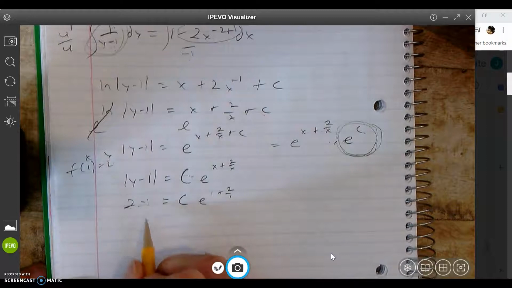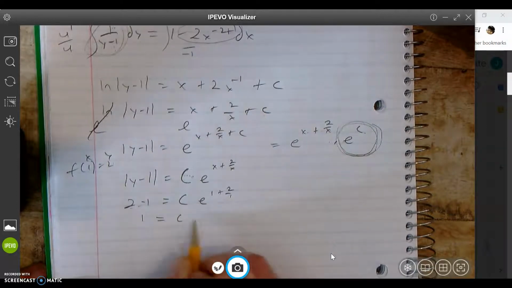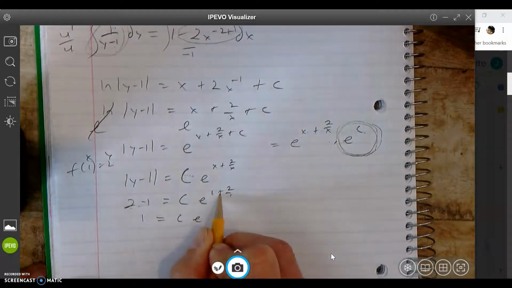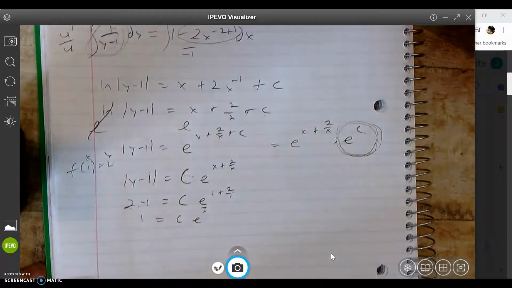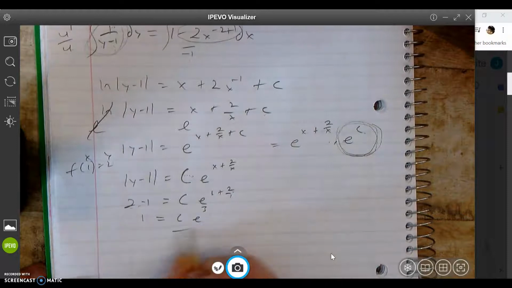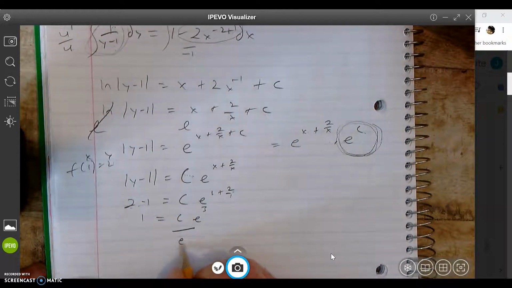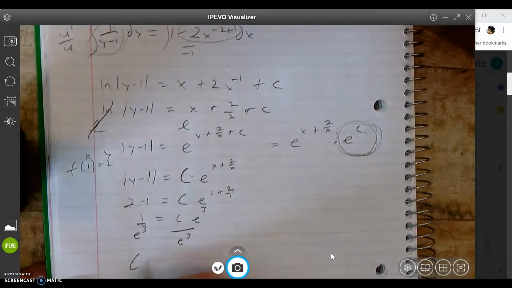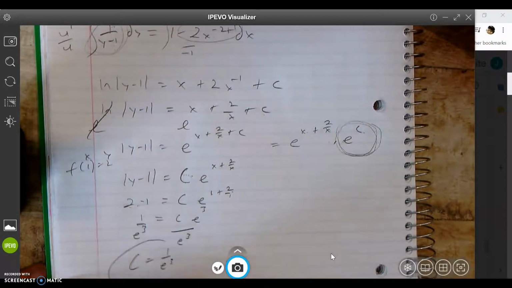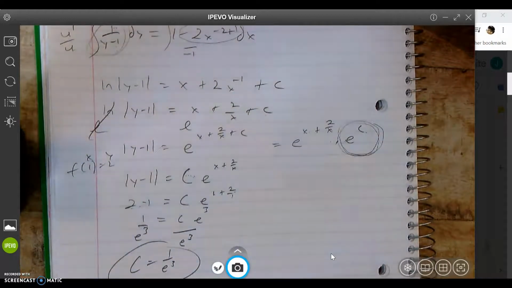So 2 minus 1 is 1 equals C e to the 1 plus 2, which is 3, e to the third power. Cool. Then I'm going to divide by e to the third power, and I get C equals 1 over e to the third. There you go. All right, cool.